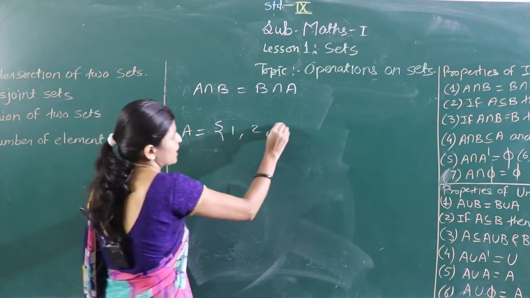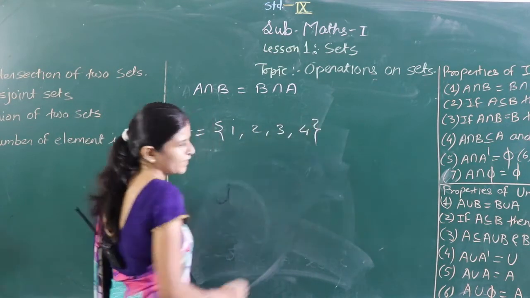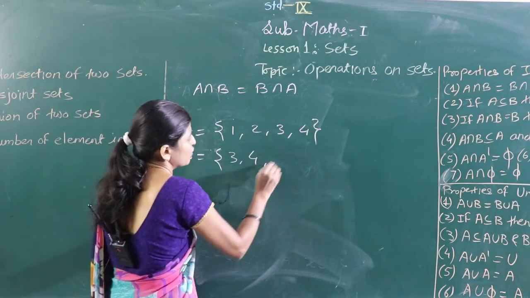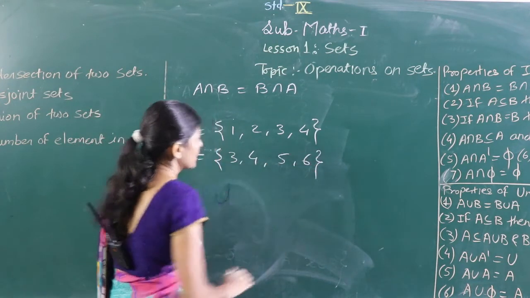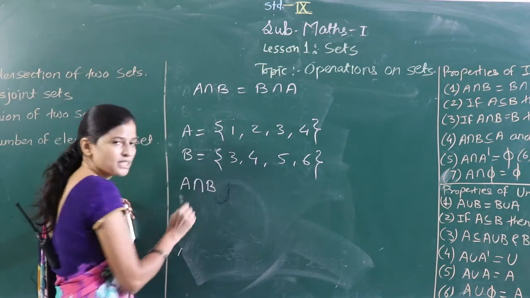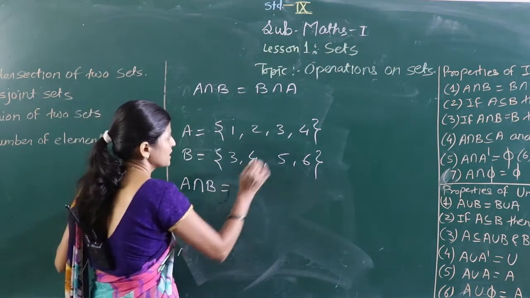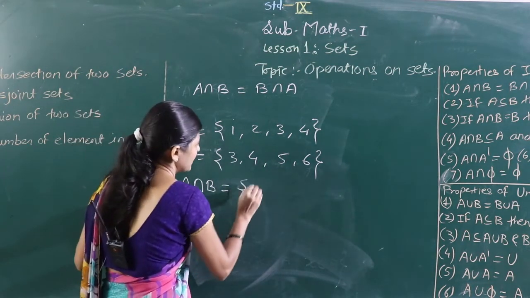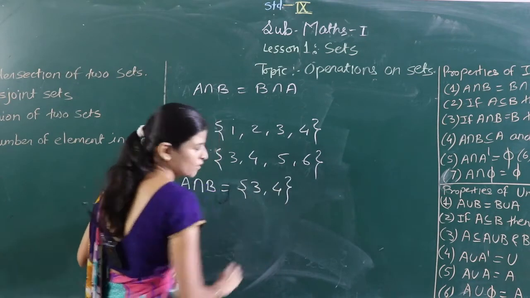Let us consider an example: A is a set of elements 1, 2, 3, 4 and B is a set of elements 3, 4, 5 and 6. Now we find out A intersection B. I already told you intersection means common. So A intersection B is nothing but 3 and 4, the elements common in both the sets. Therefore A intersection B is 3 and 4.